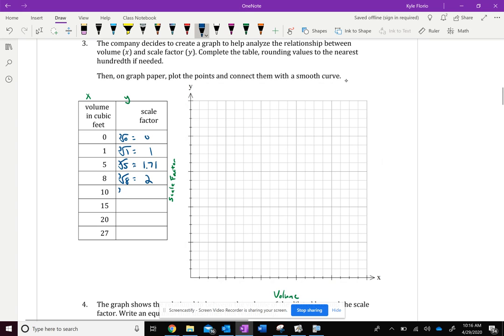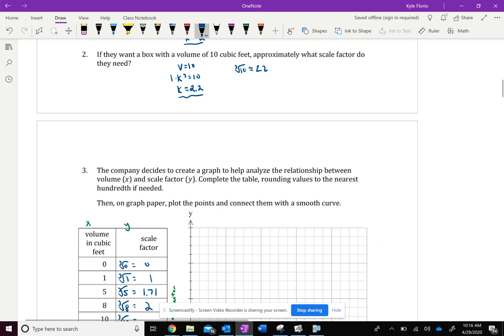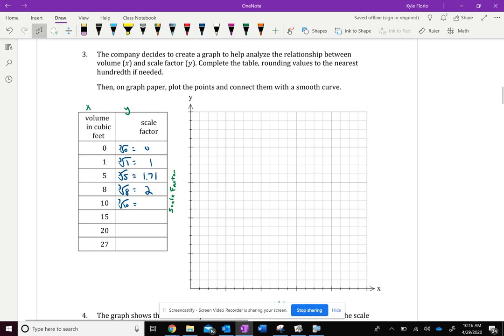If the volume is 10, the scale factor is the cube root of 10. We did that a second ago, didn't we? Yeah, the cube root of 10 is about 2.2. I'm going to put it as 2.15 if it's rounding to the nearest hundredth. The cube root of 15. Let's see.